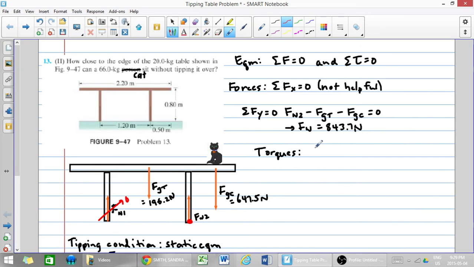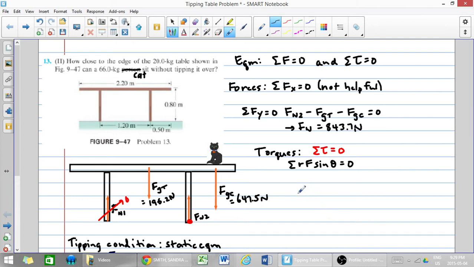So, summation of torques is 0. So that's sum of R F sine theta equals 0.